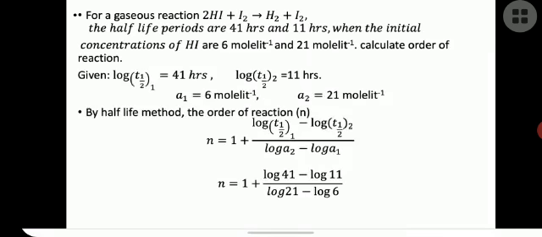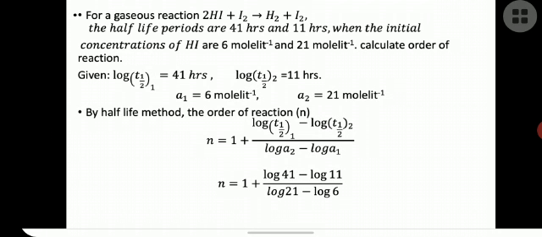Now we go to the next problem, that is for a gaseous reaction 2HI plus I2 gives H2 plus I2. The half-life periods are 41 hours and 11 hours, when the initial concentrations of HI are 6 mole per liter and 21 mole per liter.